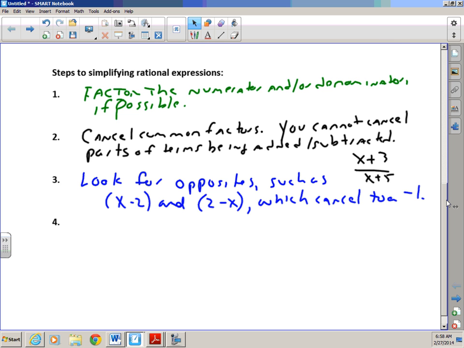Because if you multiplied the second term by negative 1, you'll see each term has an opposite sign. Here the 2 is negative, here the 2 is positive. Here the x is positive, the x is negative. So the only difference between the two is a negative 1. And then finally, you want to make sure your answer is in simplest form.